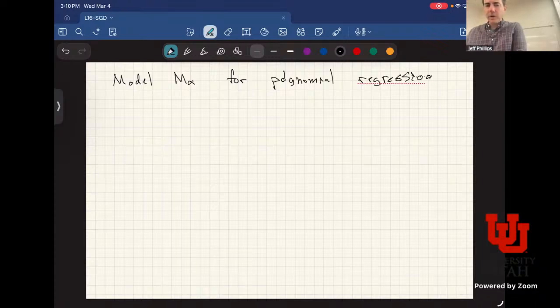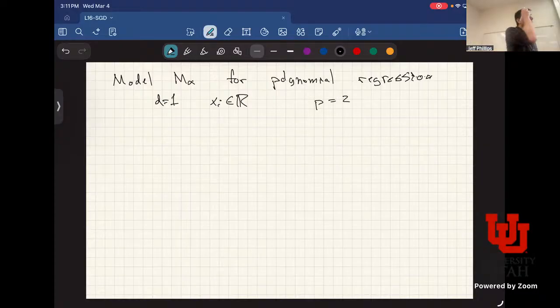We're going to say d is equal to 1, so that means my xi is just a real scalar value, and we're going to look at the case p equals 2. This is a little more illustrative than what goes on with just linear regression. If you understand this example, you should be able to generalize to quite a number of other things.